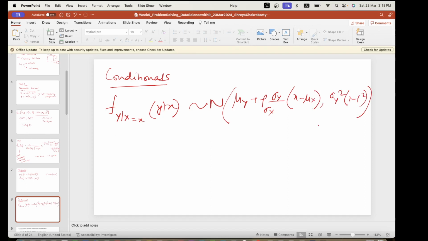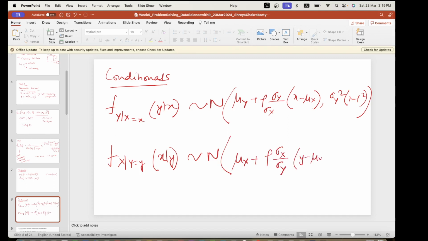And similarly f of x given y equal to y follows a normal with mean mu x plus rho sigma x by sigma y times (y minus mu y), and variance sigma x square times (1 minus rho square).